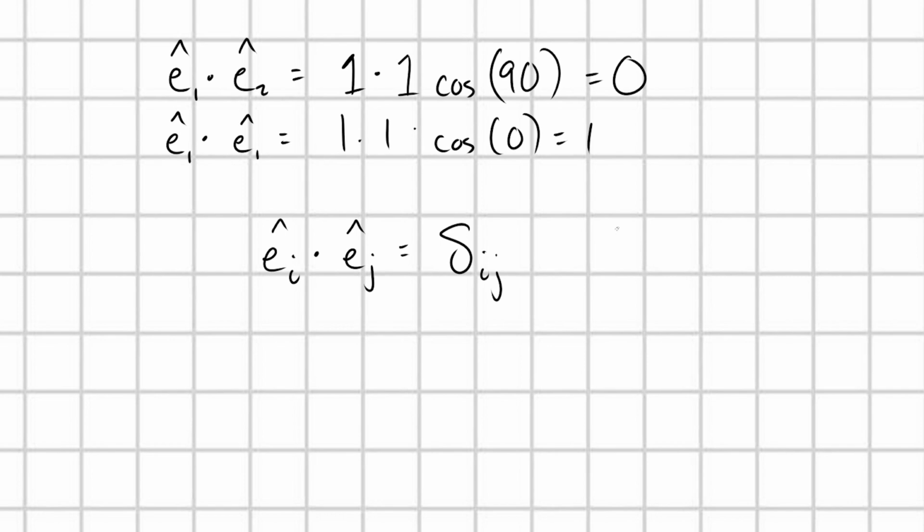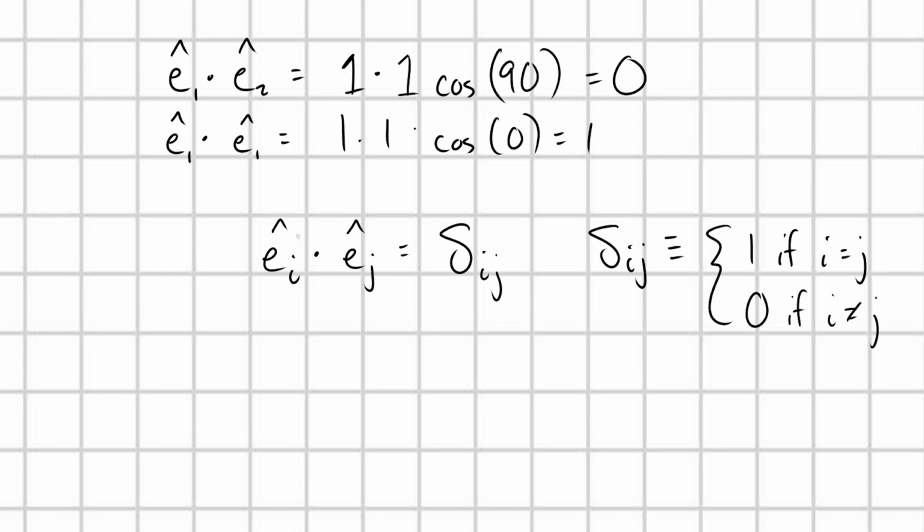Now, the Kronecker delta ij is very easy. It's simply defined to give out 1 if i is equal to j and 0 if i does not equal j. Okay, so that's how we define the dot product with index notation. But just make sure that we're clear on what this means.